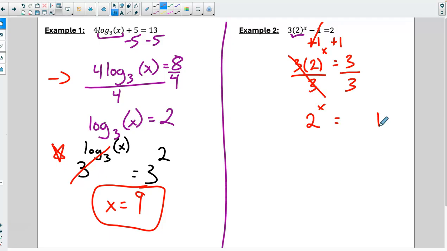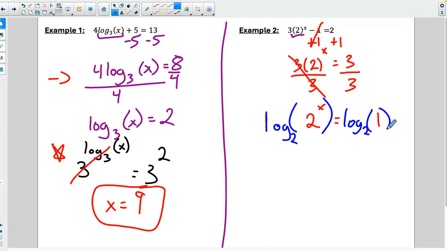Now I have an exponential function. I want to get my exponent down. Logs equal exponents. So I'm going to have log. I'm going to do this in a different color. So log, parenthesis, around that. Now it is base 2, so I'm going to say log base 2. Then over here, I'm going to have log base 2, argument to 1. So we do our cancellations.